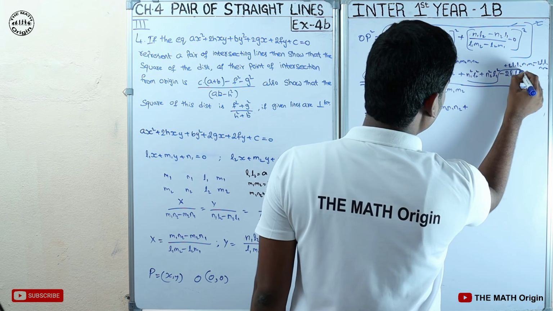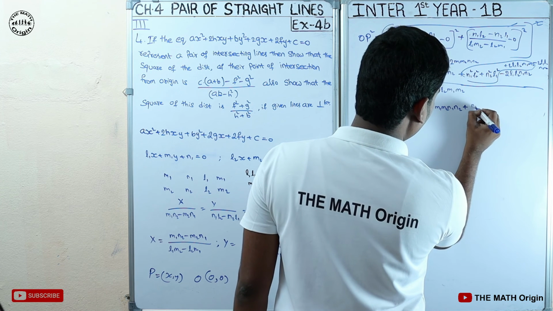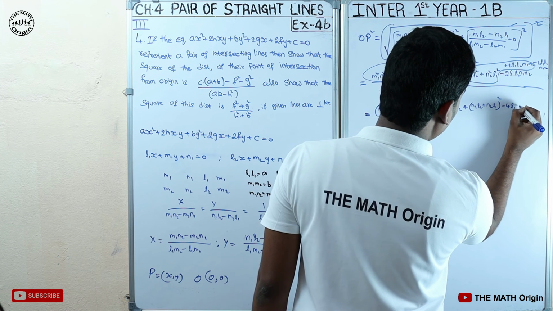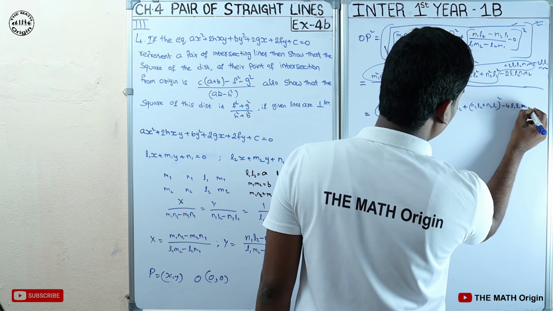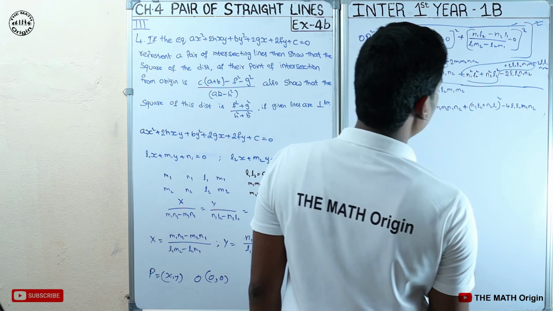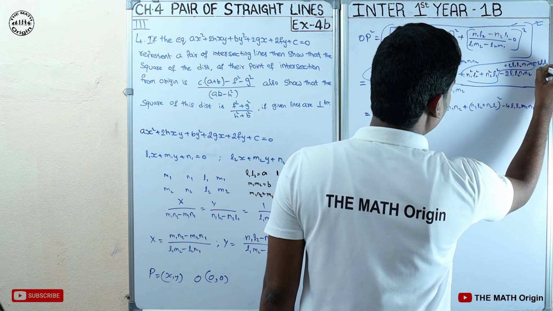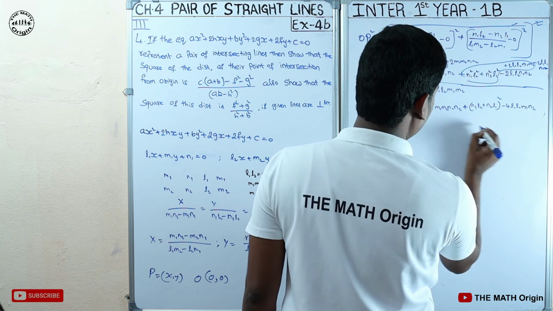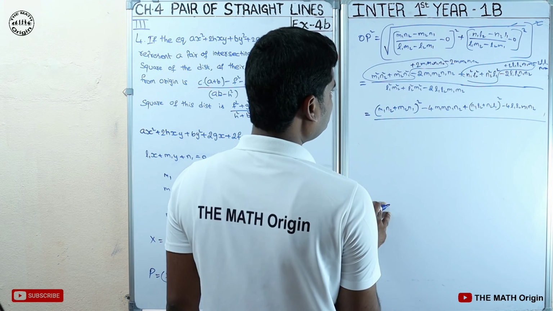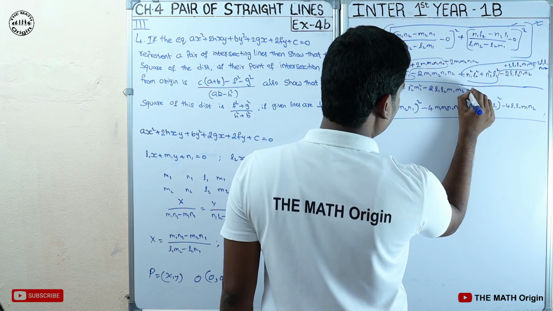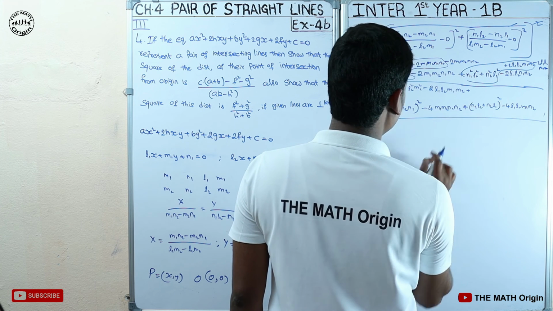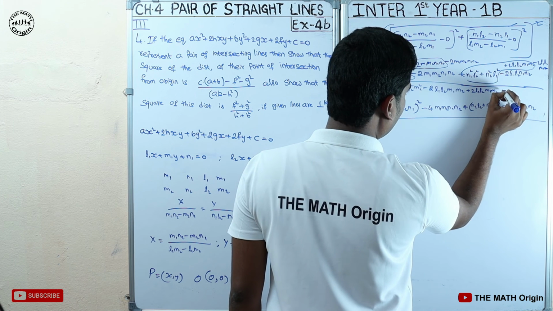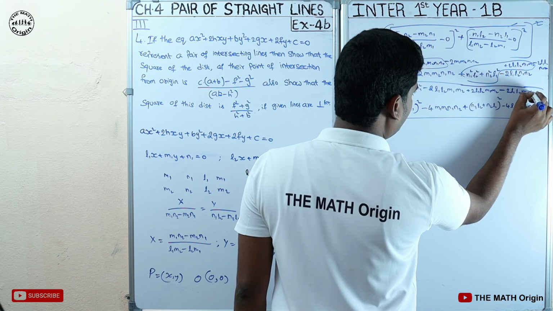In the same way here also, I will make this value as n1 l2 plus n2 l1 whole square minus 4 l1 l2 n1 n2, whole divided by, here also I will make it as plus 2 l1 l2 m1 m2 minus 2 l1 l2 m1 m2.